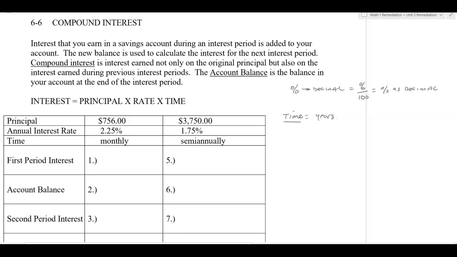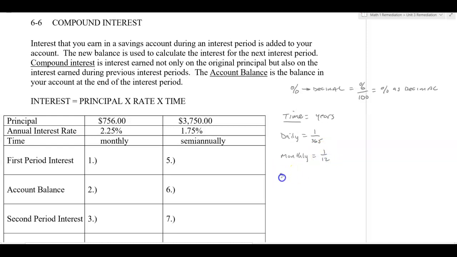But when we talk about compounding, or compound interest, it can compound daily, for example. If it compounds daily, your time would be 1 day out of how many days are in a year? 365. If it compounds monthly, your time is going to be how many months are in a year? 1/12.